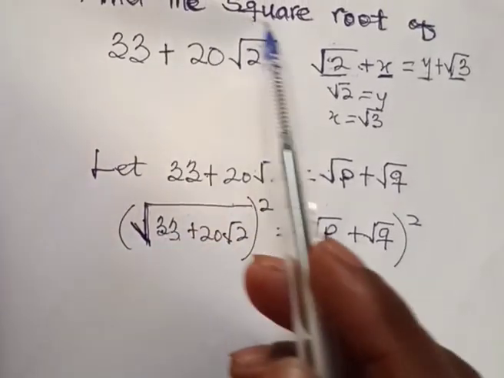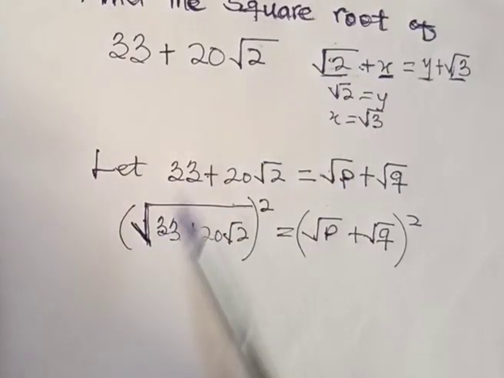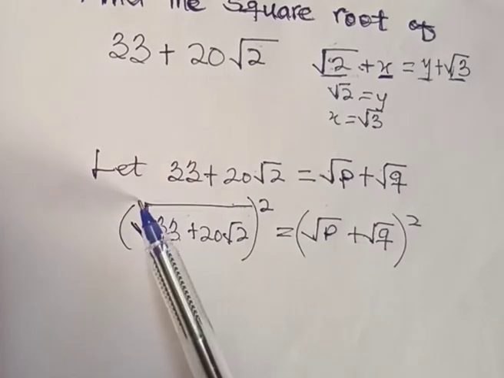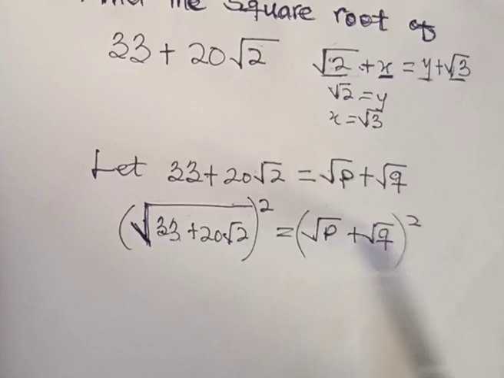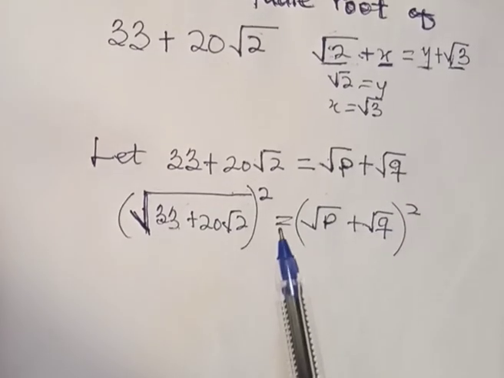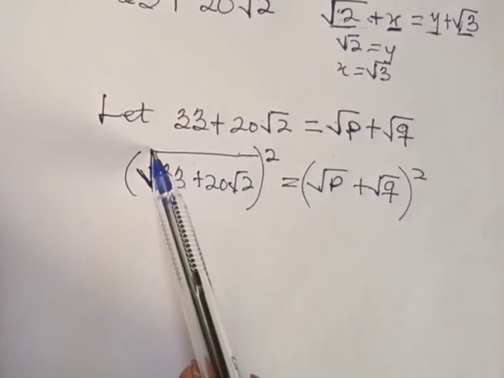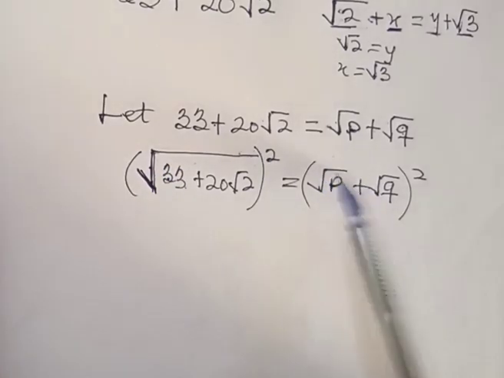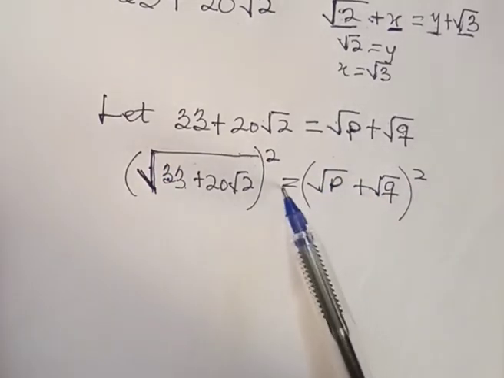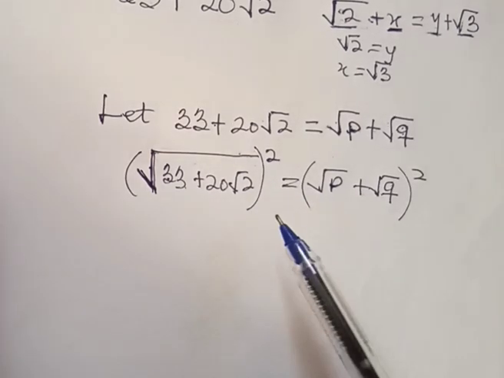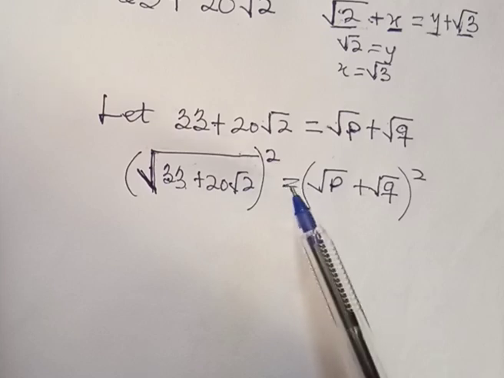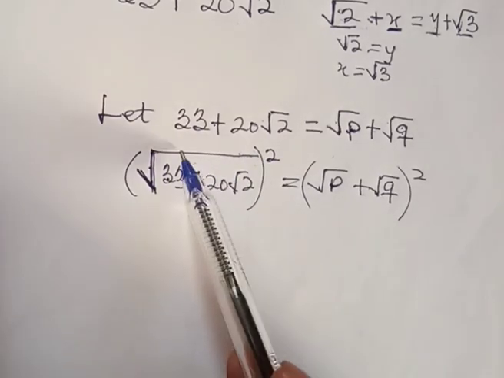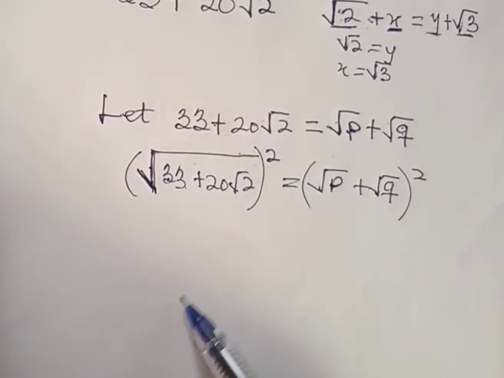The question says we should find the square root of this. Since you have square roots here and square roots here, we can square both sides. When it involves radical equations like this, we take the square of both sides.